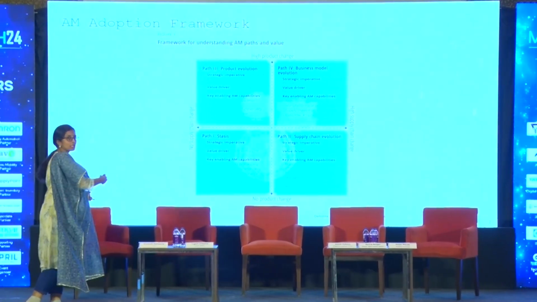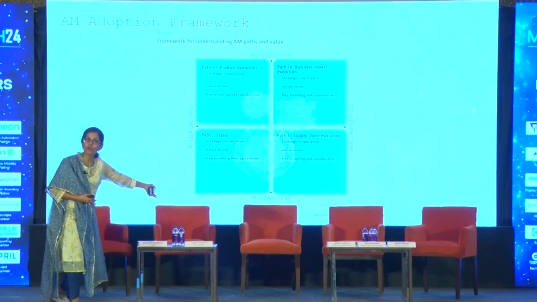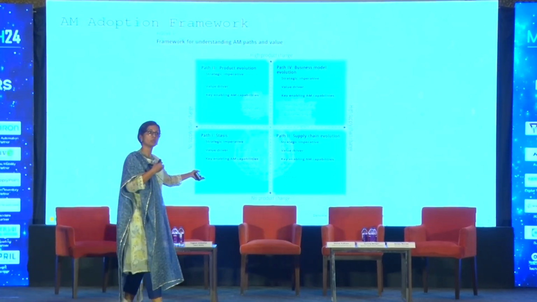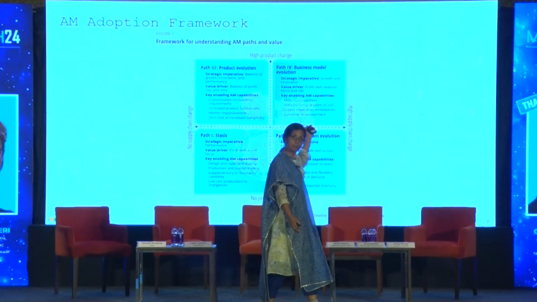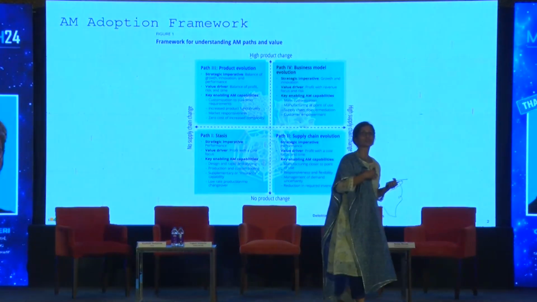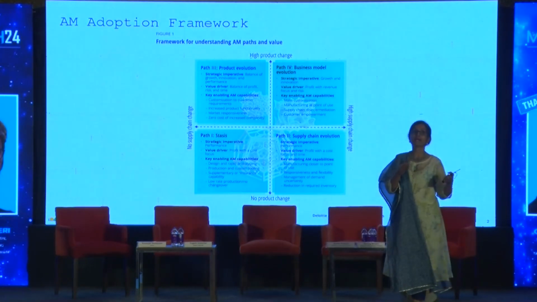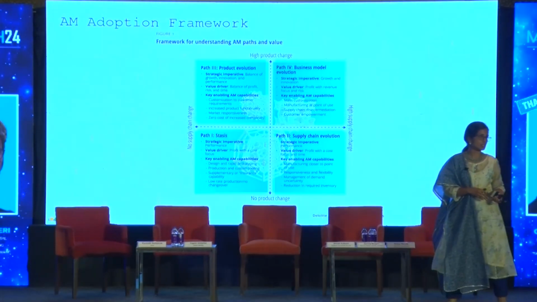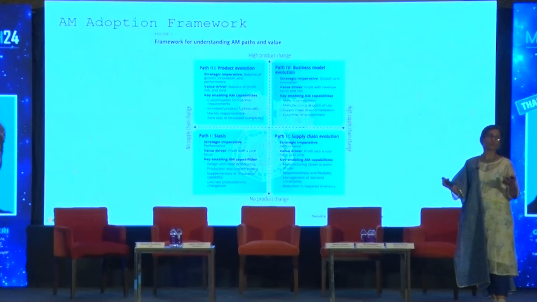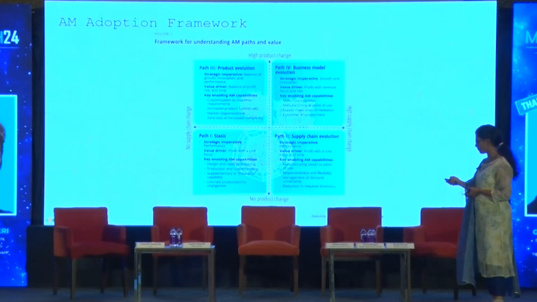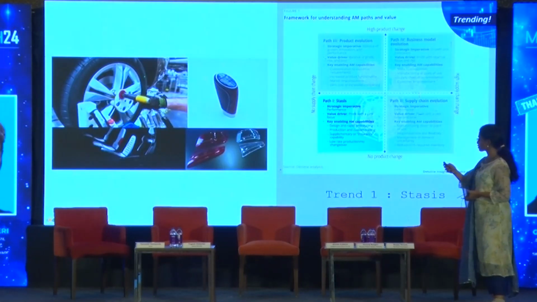Along the Y or vertical axis, below you can use additive without making any design changes. But if you keep going up, then these are applications where you will use additive by making major design changes. So what I'll do very quickly now is take each part, show you some examples, especially in metal, and then see how it goes.